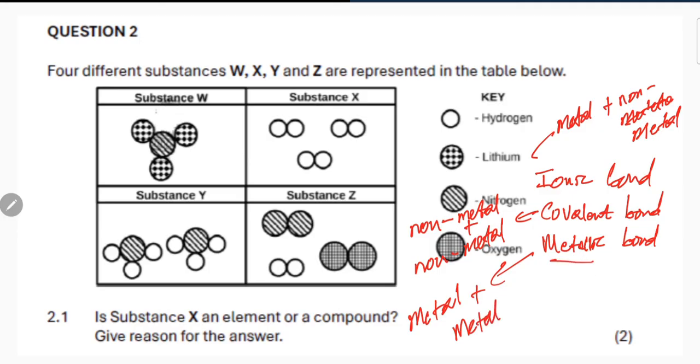So it's a metallic bond. So you look at what type of bond that one is. You're going to choose from this. Okay.